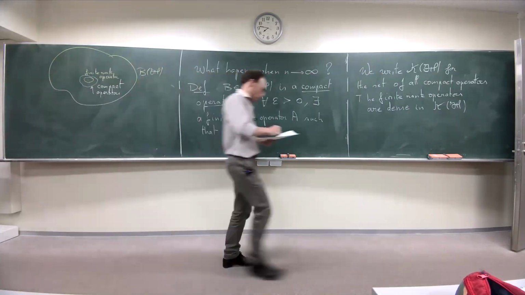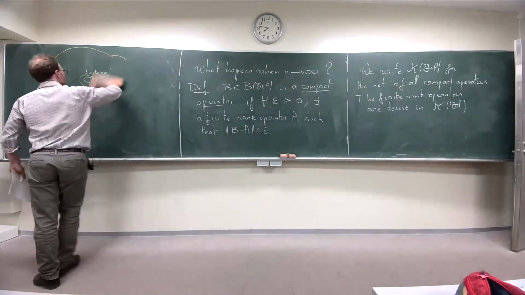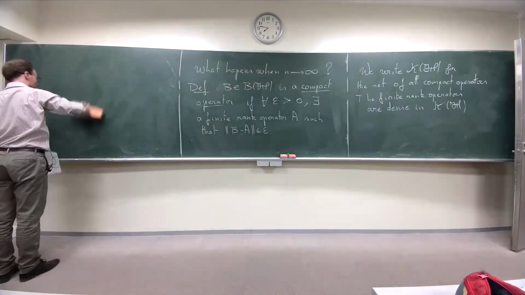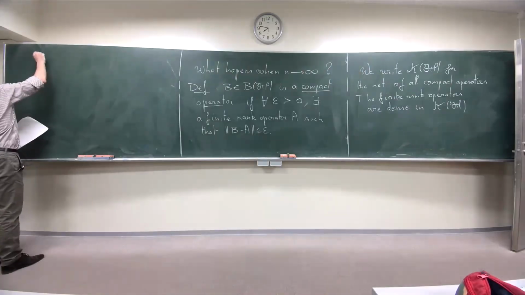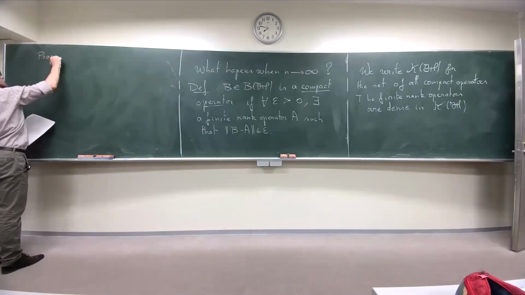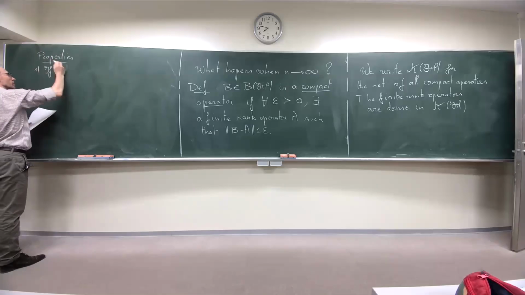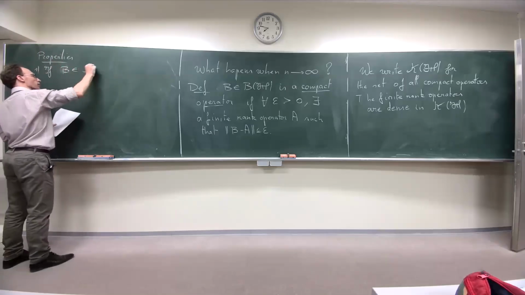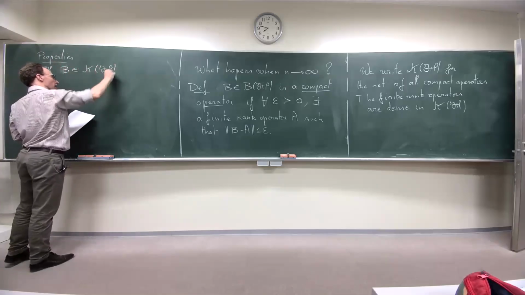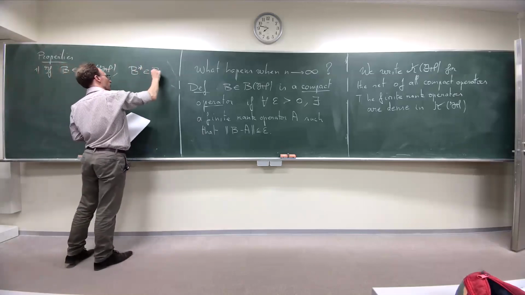Let me just state a few properties, which are easy to check. Properties. If B is compact in the sense I mentioned, its adjoint is also compact.